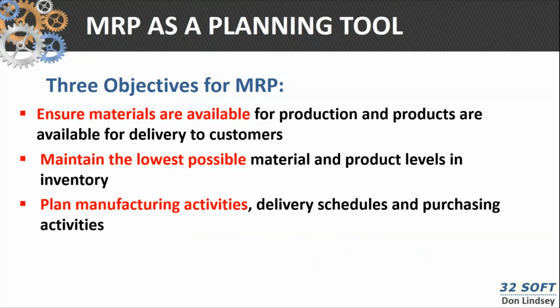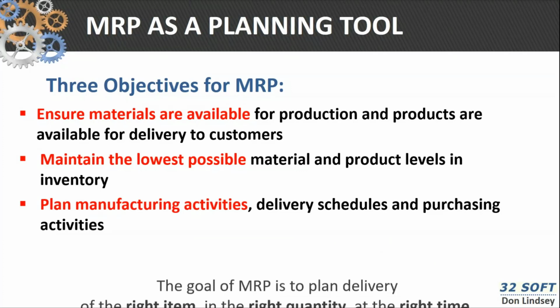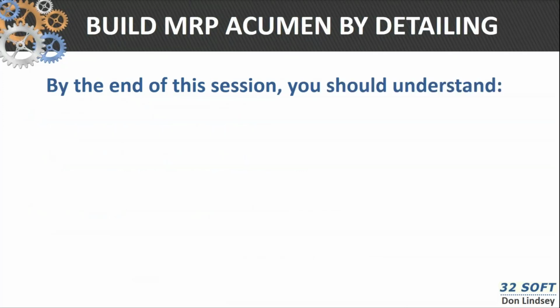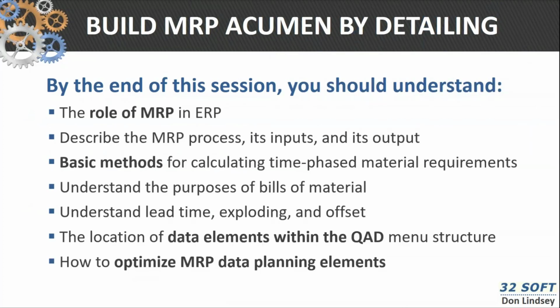And it also is a very effective planning tool for scheduling both work orders and purchase orders. So MRP is a tool that allows you to have the right item at the right quantity at the right time.